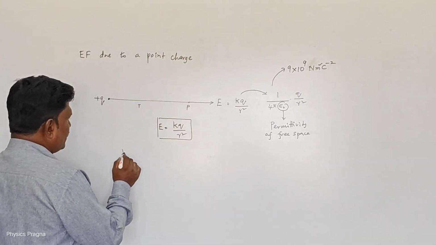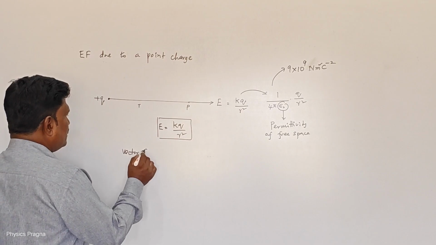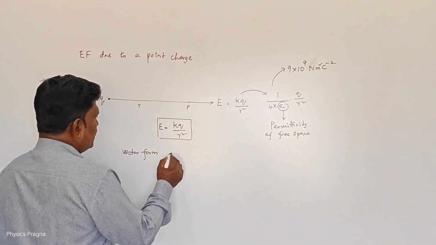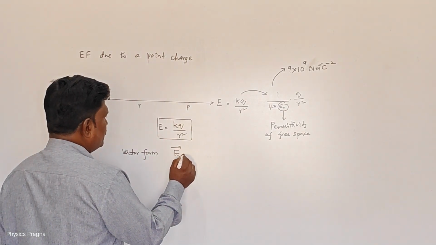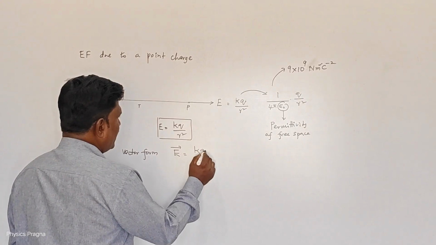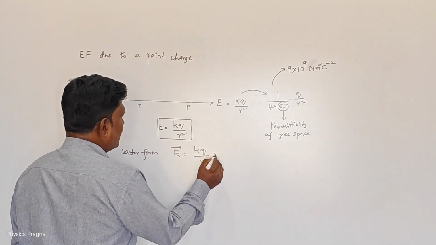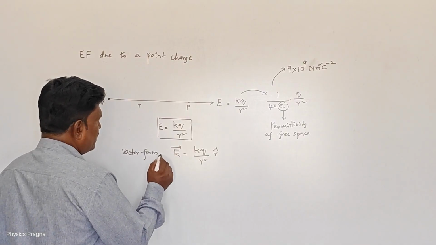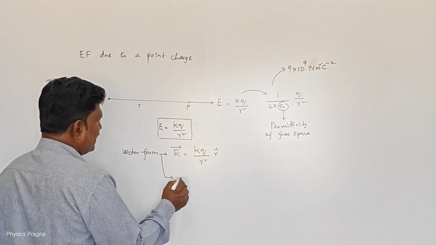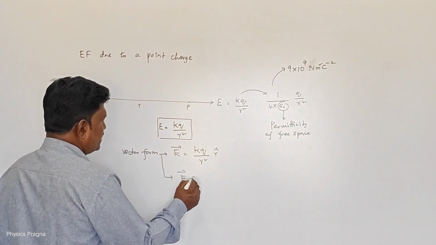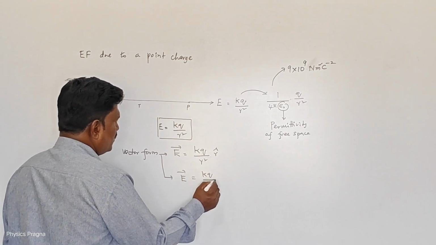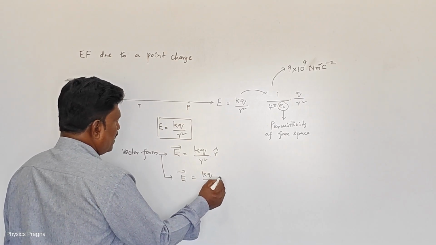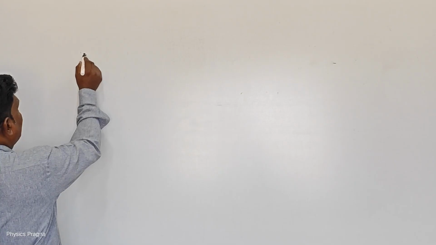Let us write the vector form: E bar is equal to kq by r square into r cap. This is one formula. And one more vector form is E bar equals kq by r cube r bar.